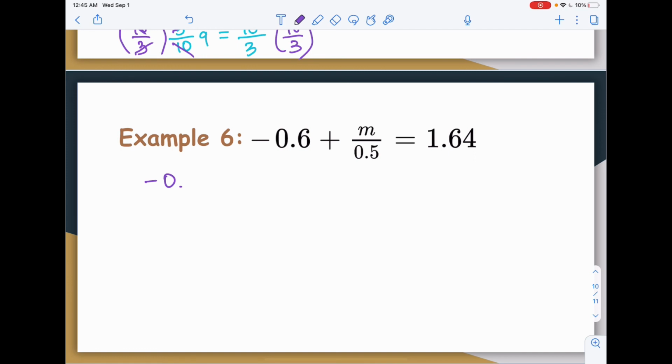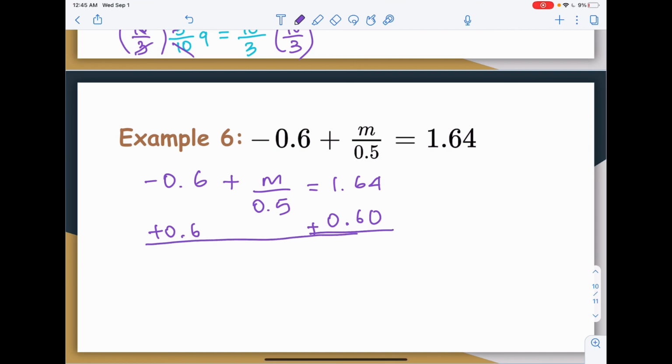So negative 0.6 plus m over 0.5 is 1.64, and let's add 0.6 to both sides of the equation. Please don't forget to line them up. Remember, when you are adding decimals, you need to line them up. So these are canceled, and we have left on the left side of the equation m over 0.5.